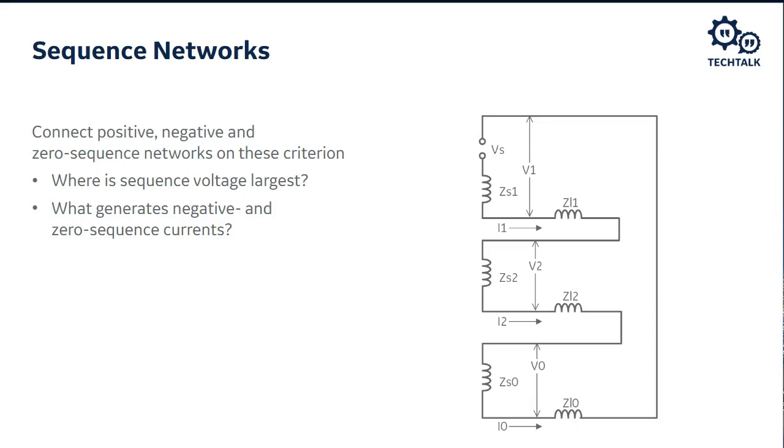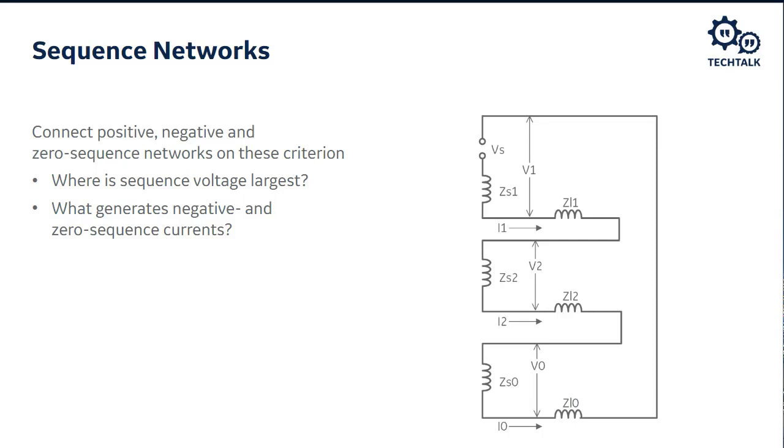But look at my negative sequence and my zero sequence. Where is the voltage greatest there? The voltage in the negative sequence network and the zero sequence network is created by the voltage drop across the network, which means the negative and the zero sequence quantities will be the greatest at the end of the network, right?